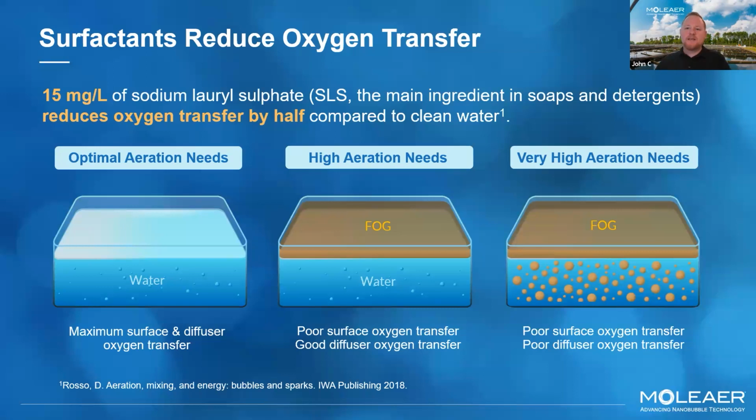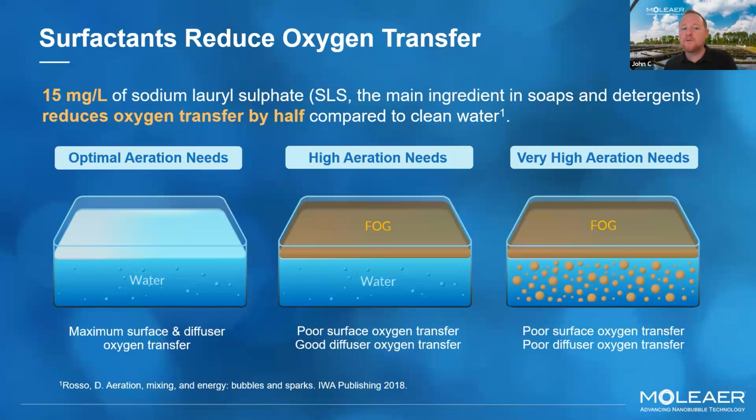One of the most expensive things within our wastewater treatment plant is providing air and oxygen to the biology. They're doing the work for us. This is the most impactful thing that surfactants have on wastewater treatment: they reduce oxygen transfer efficiency.